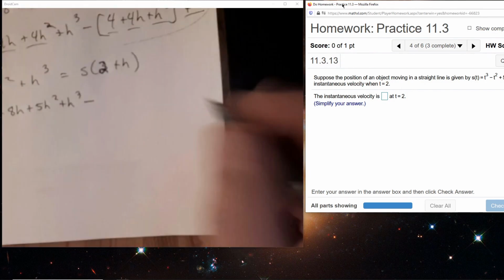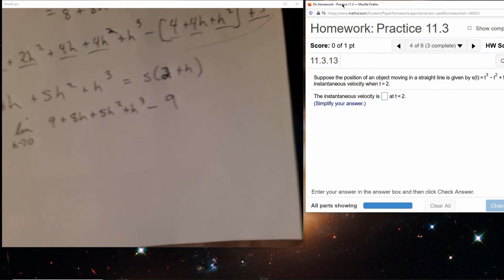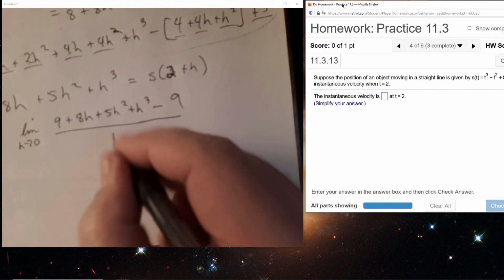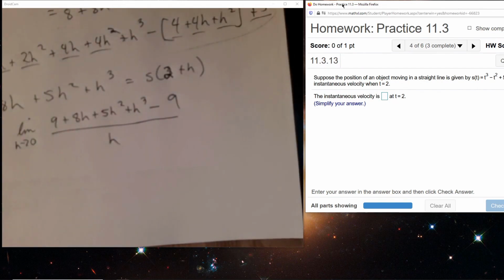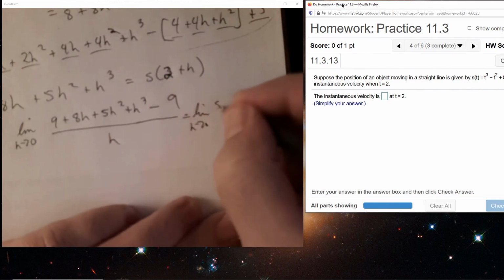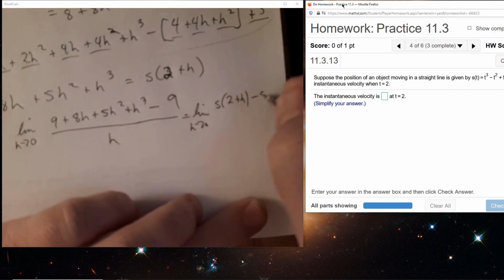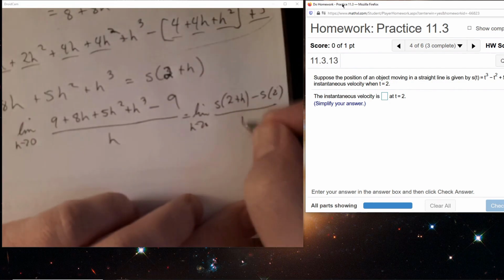And so we're subtracting off 9 from our answer here. And it's all divided by h. So just to be extra clear here, this is s of 2 plus h minus s of 2 all over h.